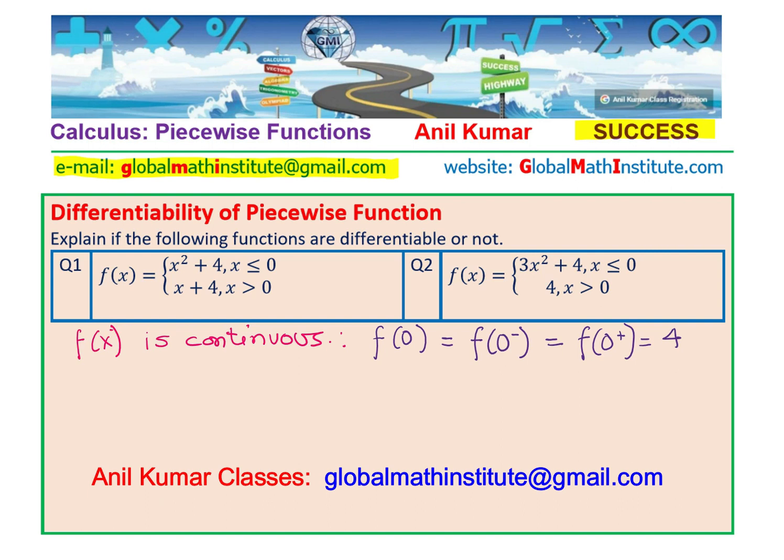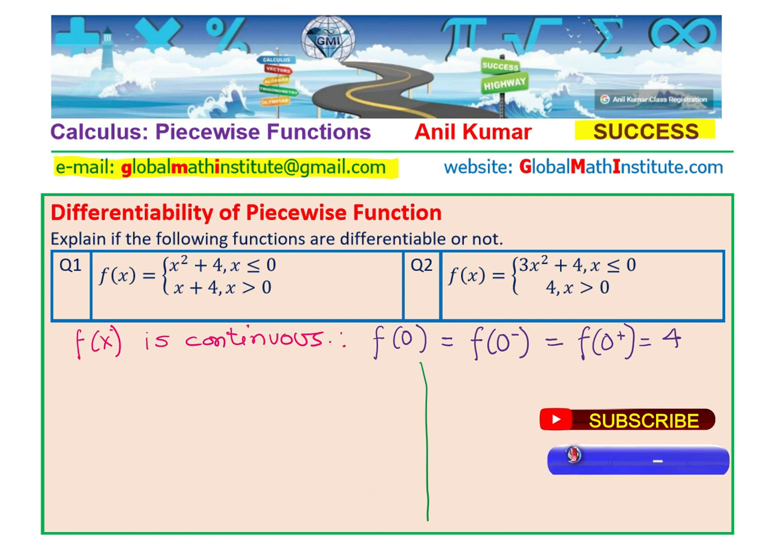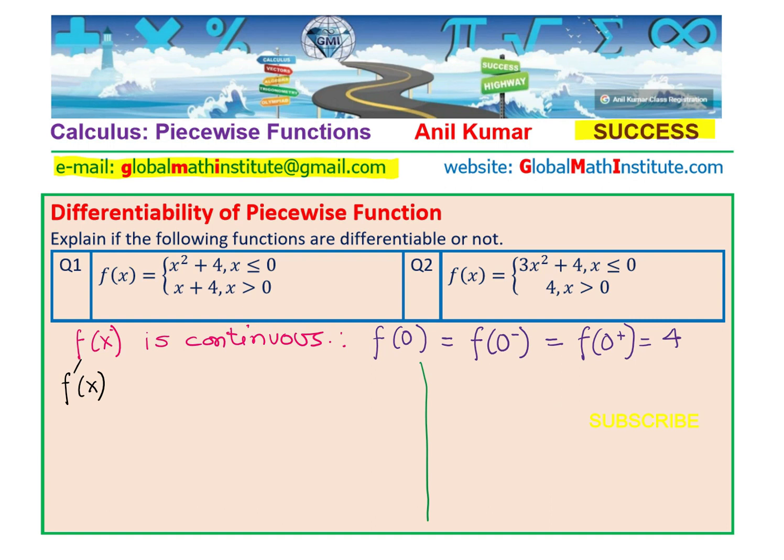Let me now divide this into two parts, two different questions. We'll solve one by one. For the first, what is the derivative of this particular function when we are approaching 0 from the left side? The derivative is 2x, correct? This is when x is less than or equal to 0. If I substitute 0 here, I get 0. That means it is a horizontal tangent.